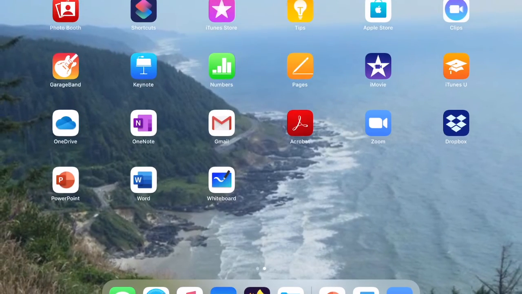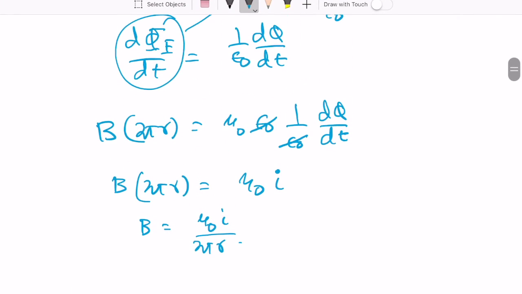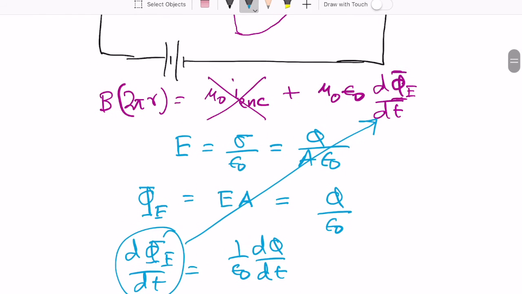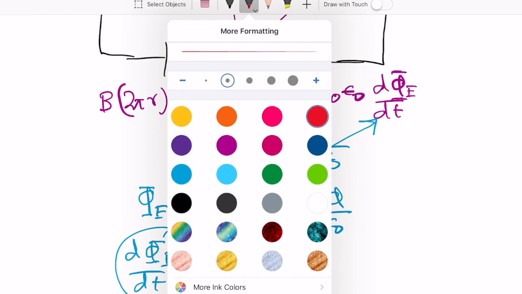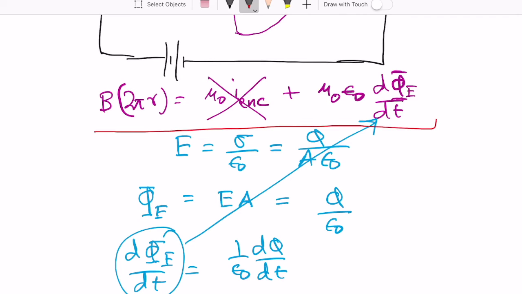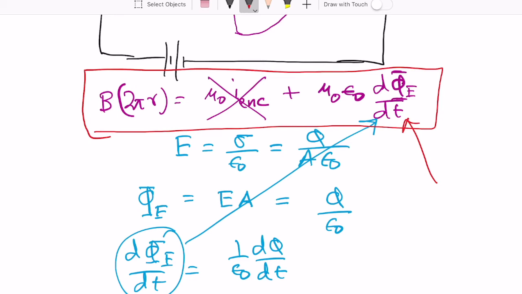The answer is, if you look at this new term in this equation, you can see that you have a derivative of the flux of the electric field, right? So if the electric field is fluctuating, you could get a magnetic field. So what this is telling us is the amazing fact that a fluctuating electric field can create a magnetic field.